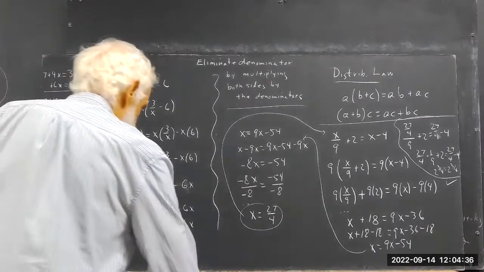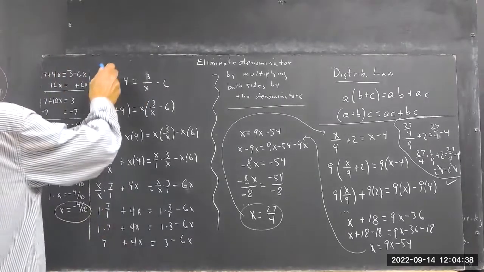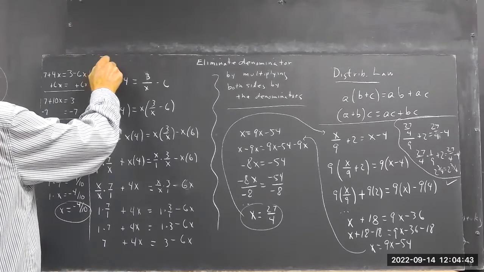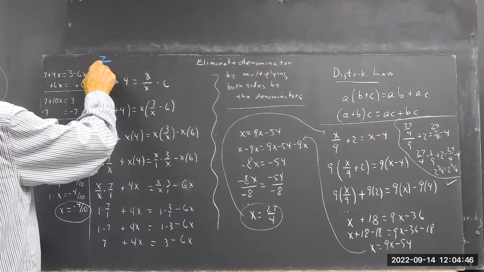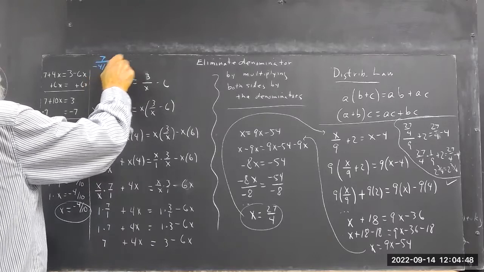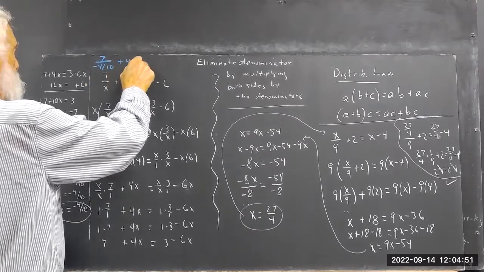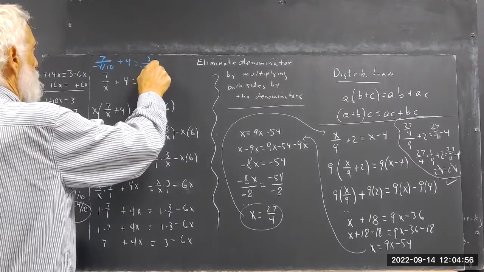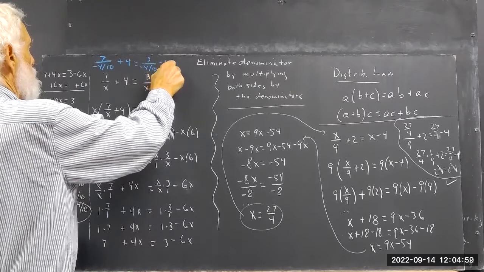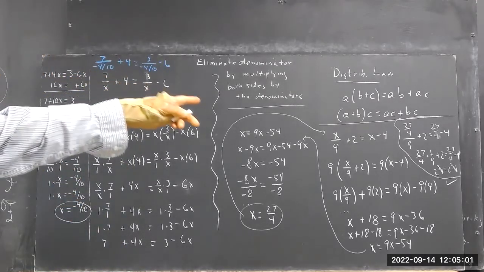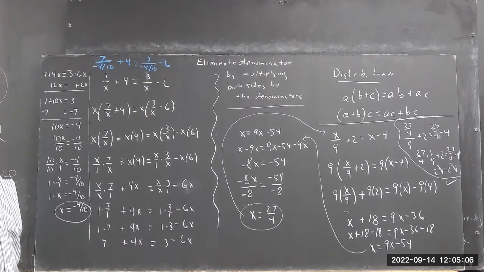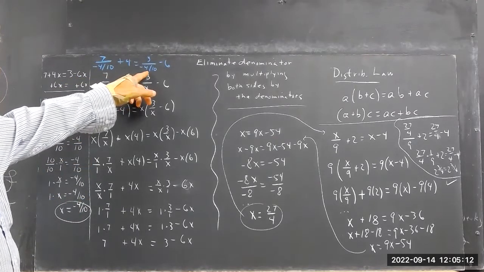I'm just going to jot down. You get this. To check this, you're going to invert and multiply. Then you're going to end up with 4s in denominators here.